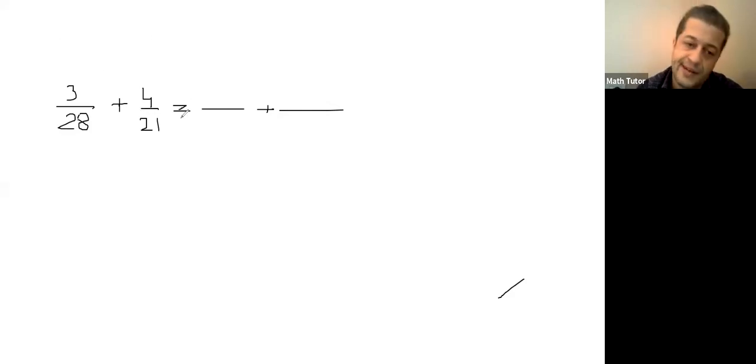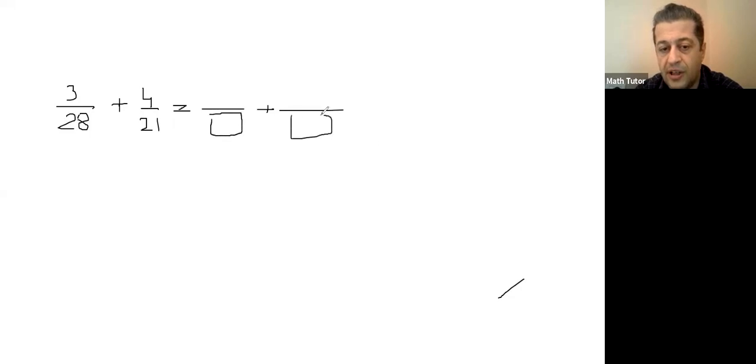Now, the first thing to do is to find a common number that should be written here and here, but it should be the same. The first thing that comes to our mind is multiplying these numbers with each other.